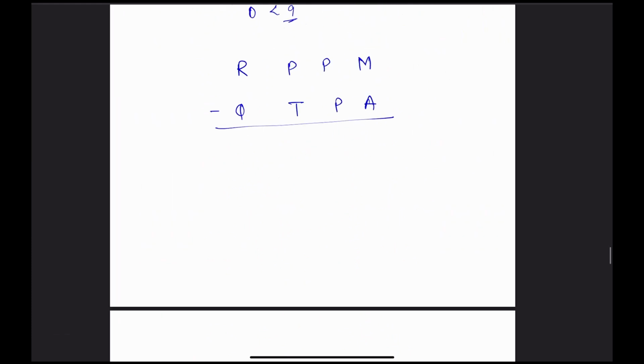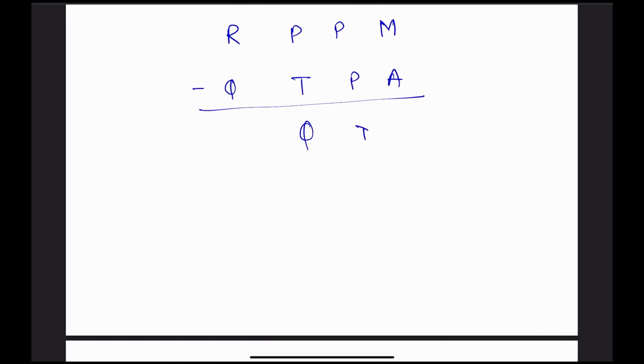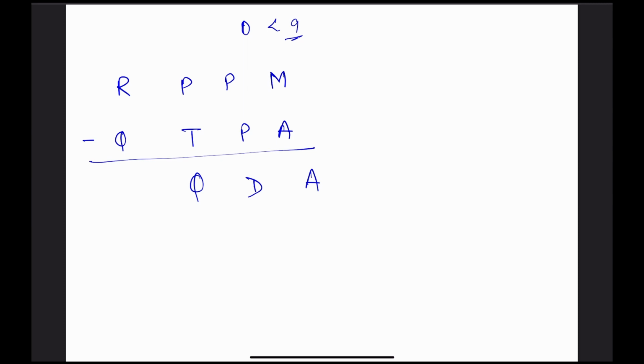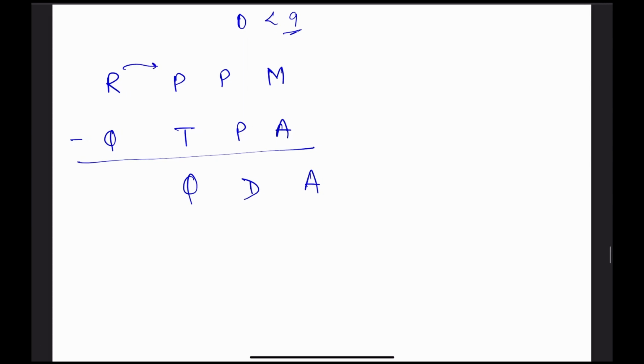Q D A. So again D is coming. So I know that this is giving 1 as carry, but 1 as carry I can say for sure. Okay, this much is done.